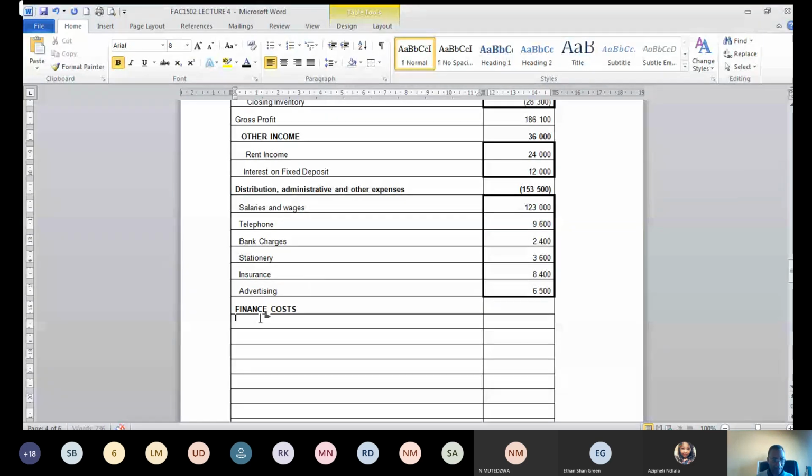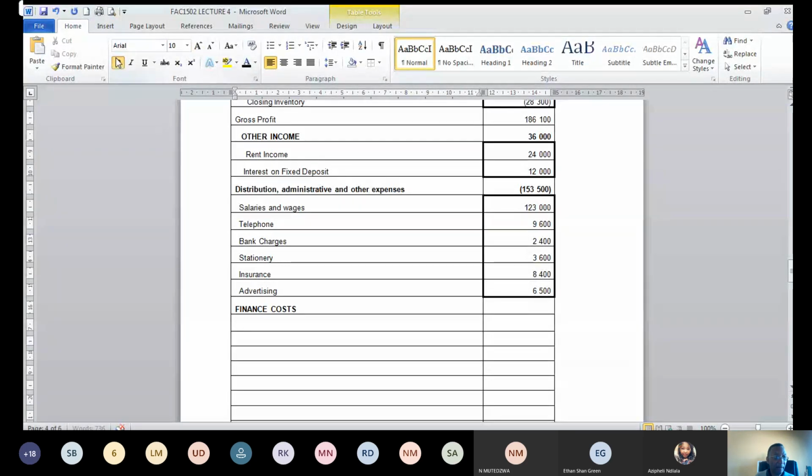Because I had one expense here that will fall under the category of finance costs, and that was my expense called interest on loan. My interest on loan expense has amounted to 16,800.